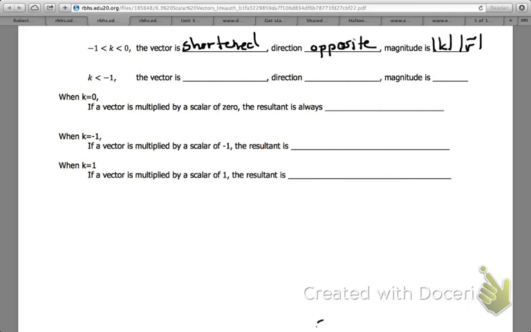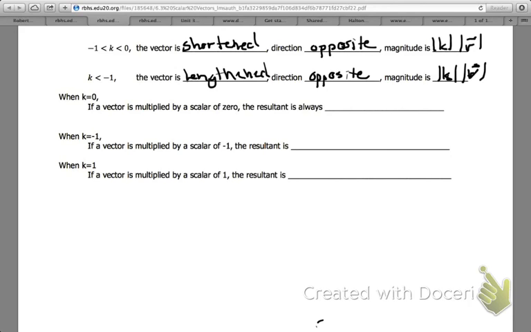And when k is less than -1, so when, say, it's -2, the vector again is lengthened. It's lengthened just as when k is greater than 1, so it's stretched. And the direction also is opposite here. And our magnitude, as above, is the absolute value of our scalar k times the magnitude of our vector v.